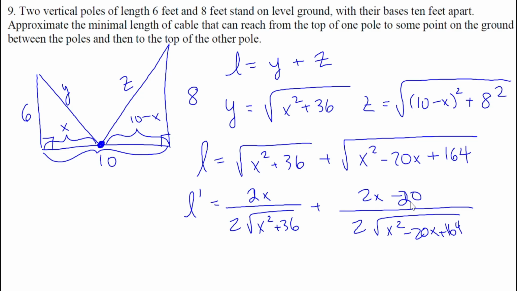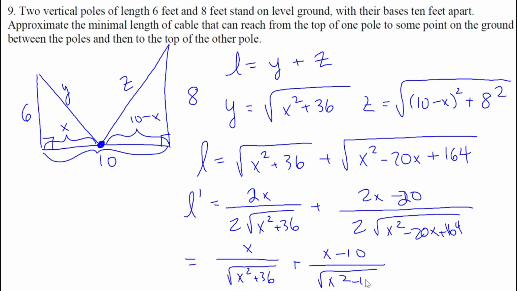And so we could try and get a common denominator here and then solve this, but this is going to be a function that we're not really able to solve nicely by hand. So we can simplify it first, right, if we want. It's just going to be X over root X squared plus 36 plus X minus 10 over root X squared minus 20X plus 164.